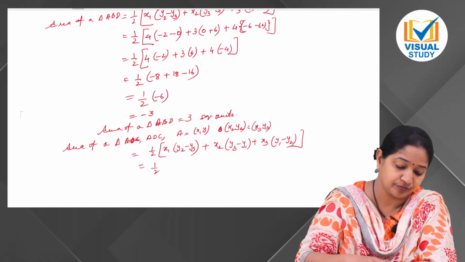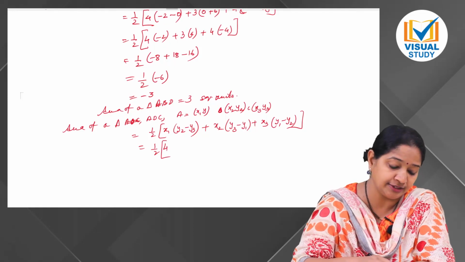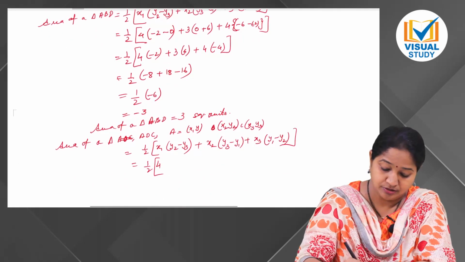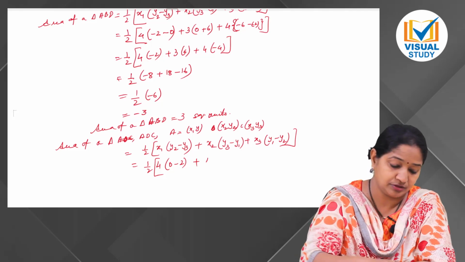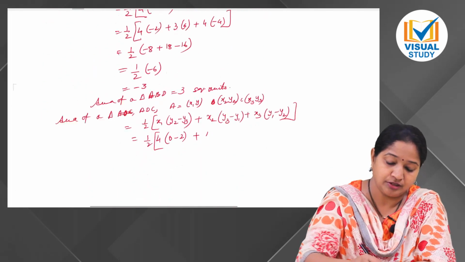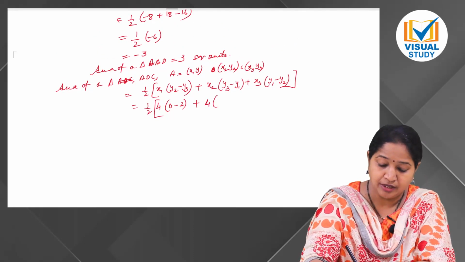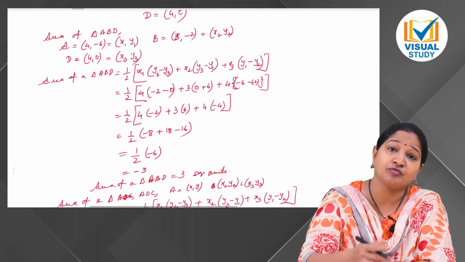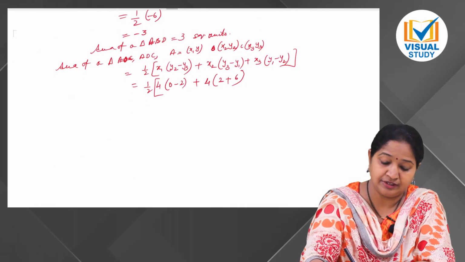x1 is 4, y2 is 0 and y3 is 2, x2 is 4 again, y3 is 2 and y1 is minus of minus 6, you get plus 6, x3 is 5 and -6 minus 0.